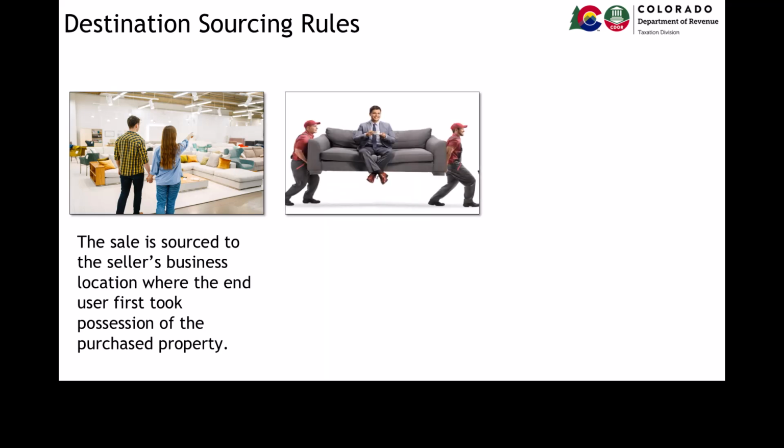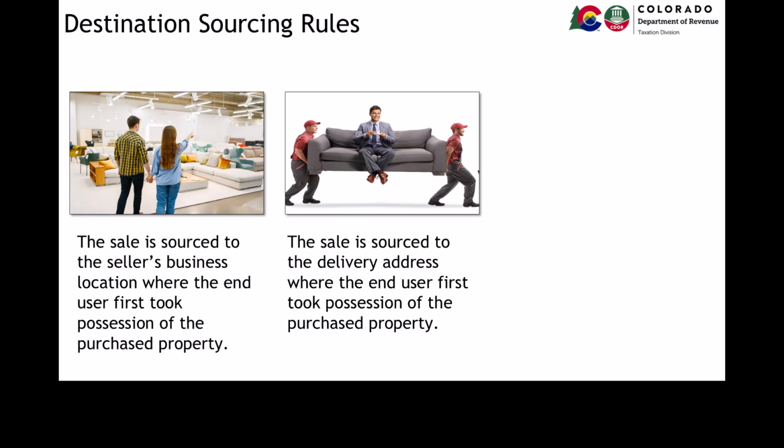If I purchase a sofa at the same furniture store, but I have it delivered to my home, I must pay the sales tax rate that applies to my home address because that is where I first took possession of the sofa.